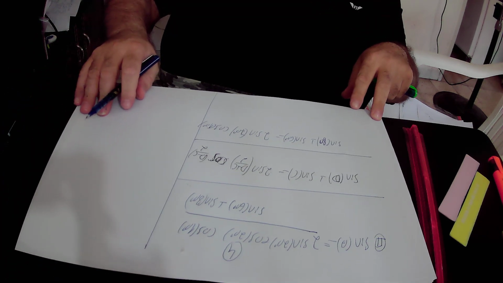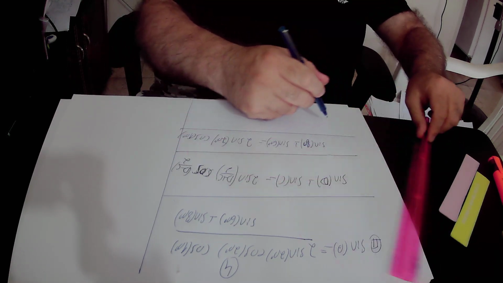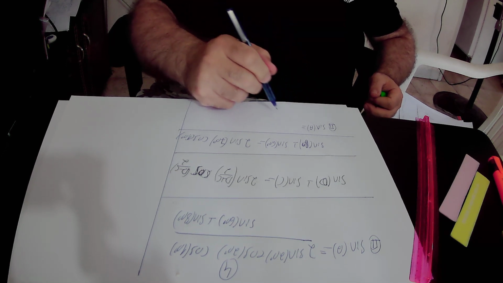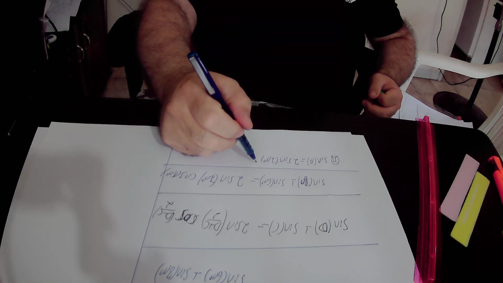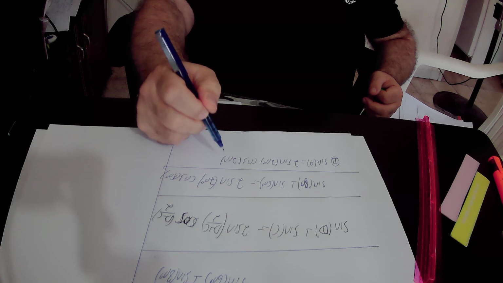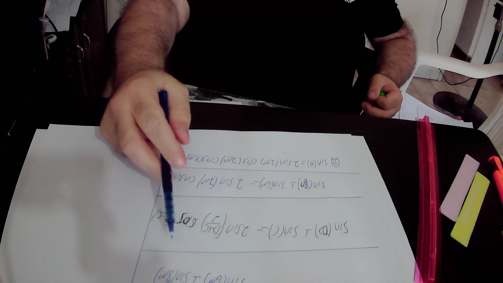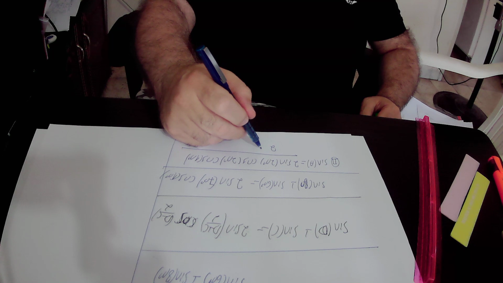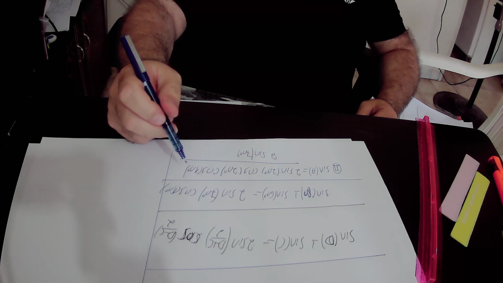We'll do it now and we'll get that sine theta, according to equation number 2, is equal to 2 times sine 20 degrees times cosine 20 degrees times cosine 10 degrees, over 2 times sine 70 degrees times cosine 10 degrees.